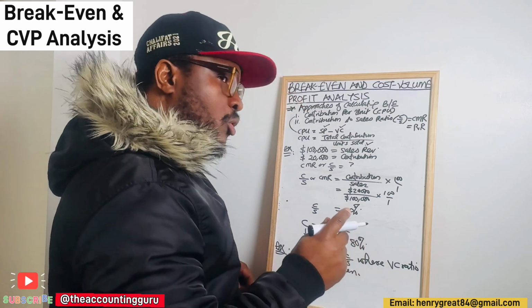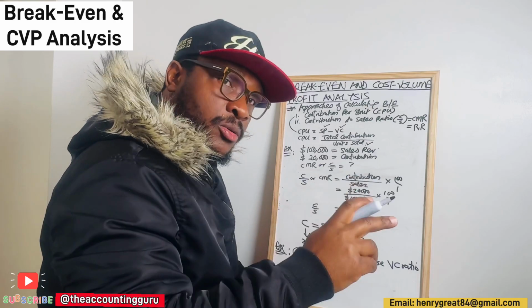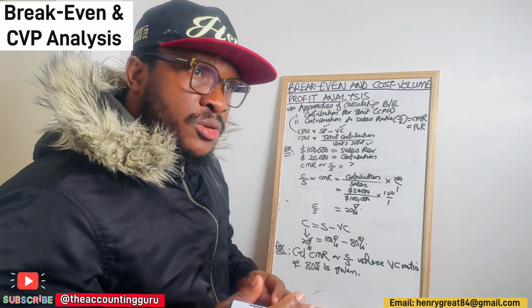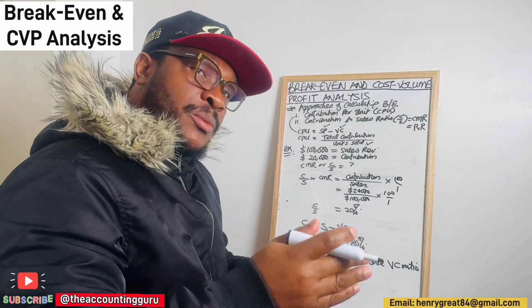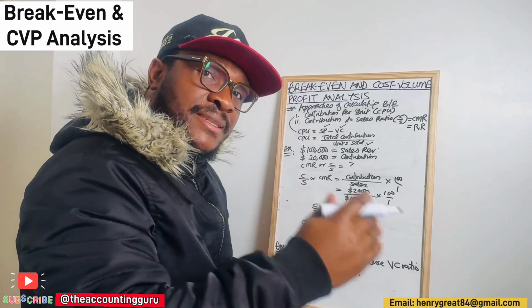So when variable cost ratio is given, how will you determine CMR? How will you determine contribution margin ratio? It's just a function of netting off the variable cost ratio from 100%. You'll be getting CMR.